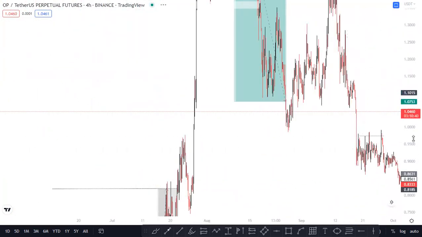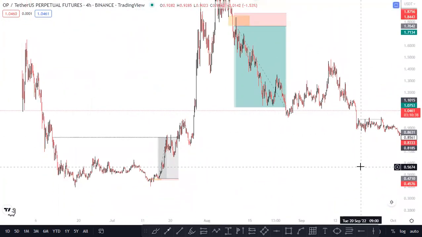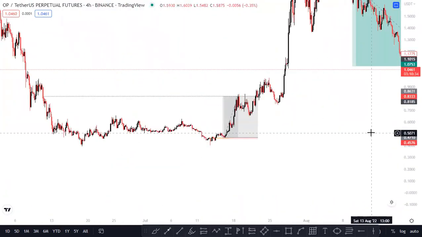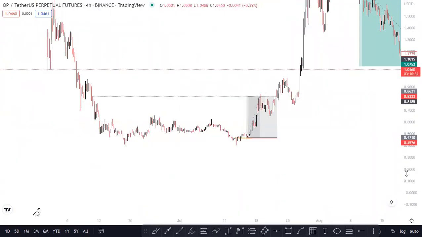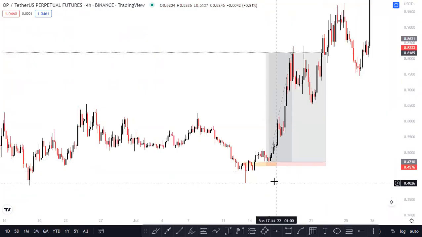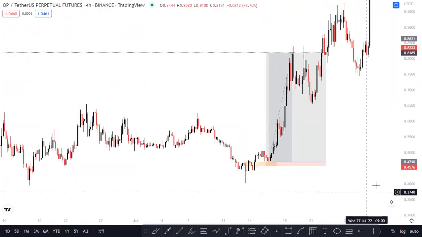You will have to use what I've taught you and go to the chart to spot scenarios where breaker blocks occurred, right? See one here, see one here.